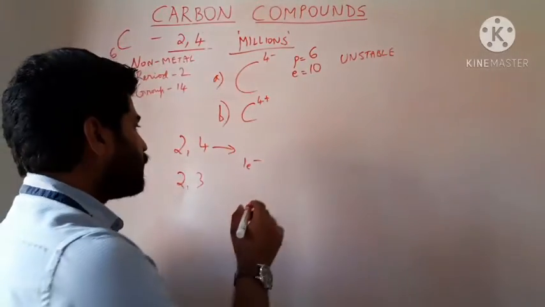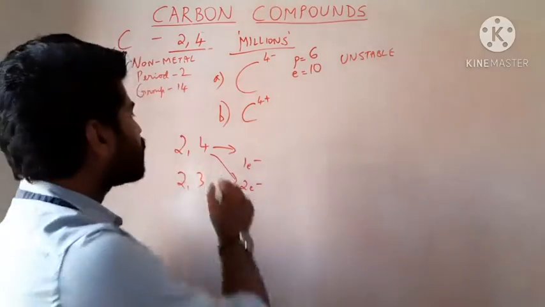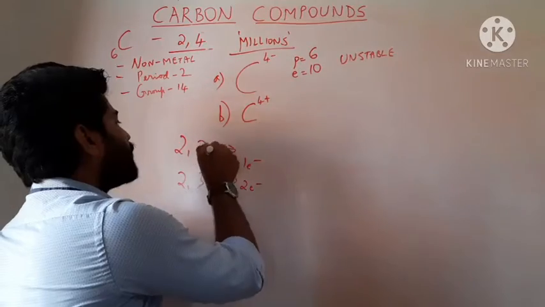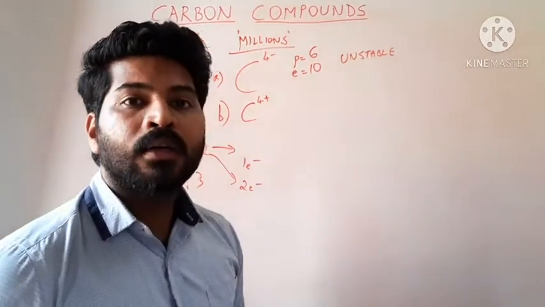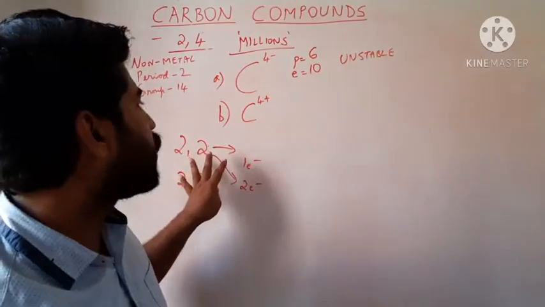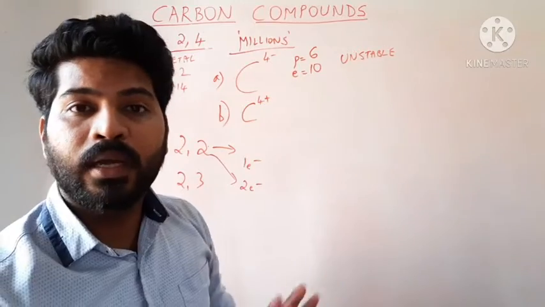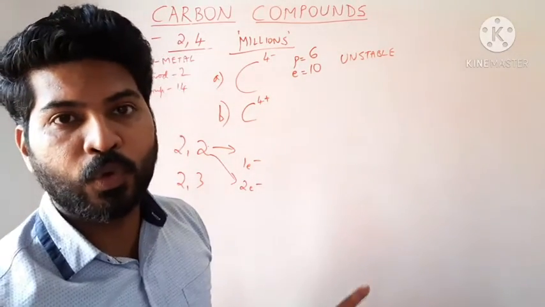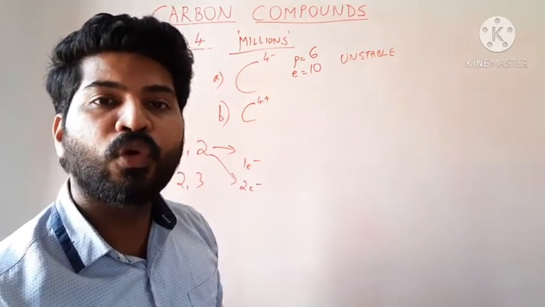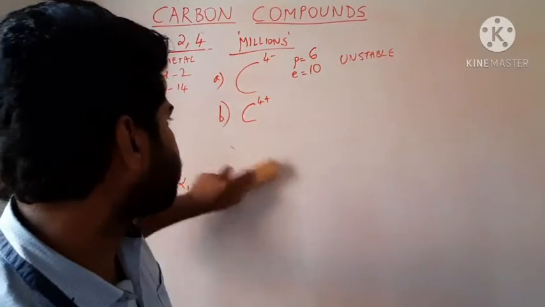So, let us say another electron is also removed from the outermost shell. Once that happens, the third ionization energy and the fourth ionization energy are very, very high. So, it is impossible to remove 4 electrons from the outermost shell of carbon.